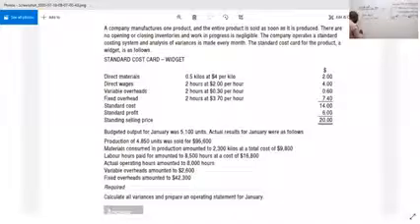And then of course we have the actual hours. It will be the actual hours that were worked, which were 8,000.